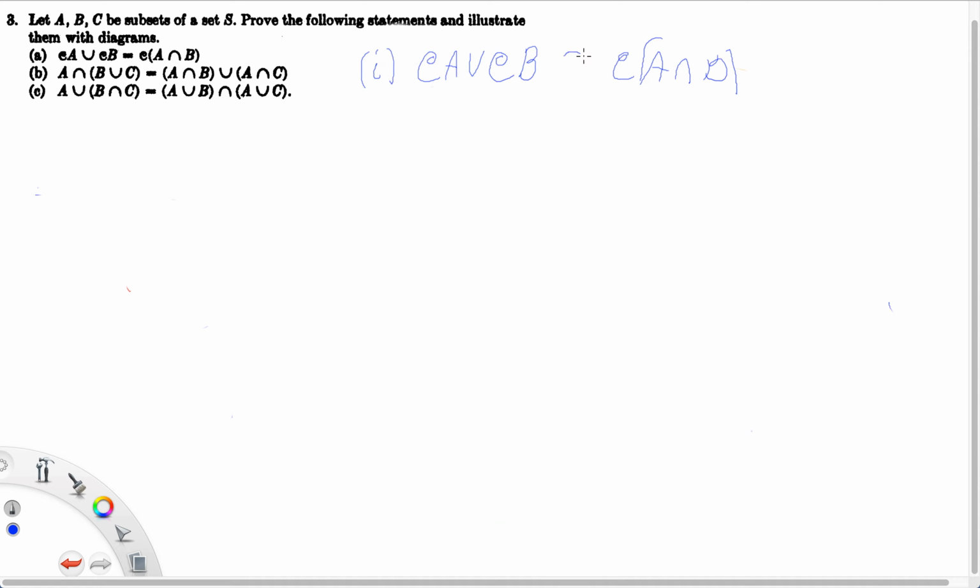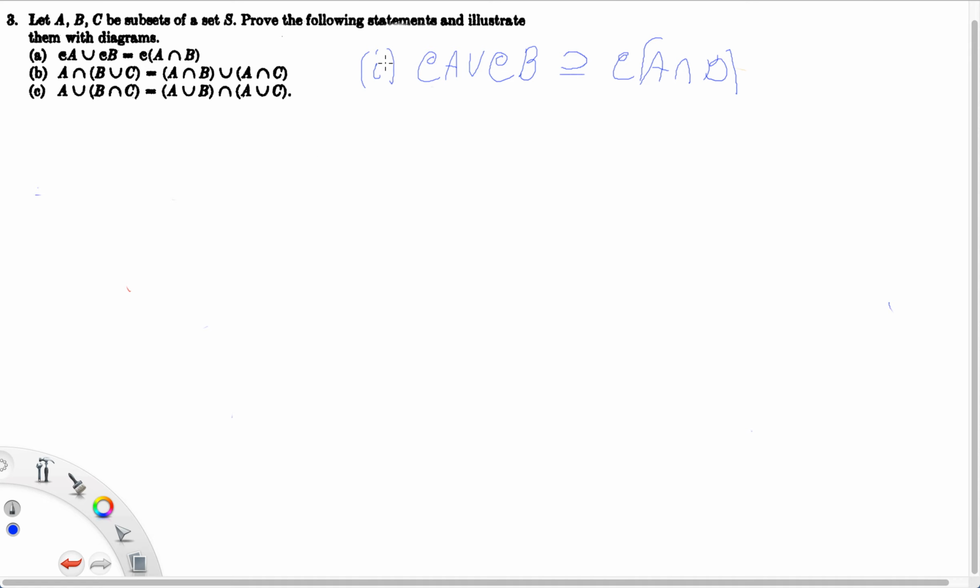I also like to think of this sign going backwards as the complement of A union the complement of B contains the complement of A intersect B.